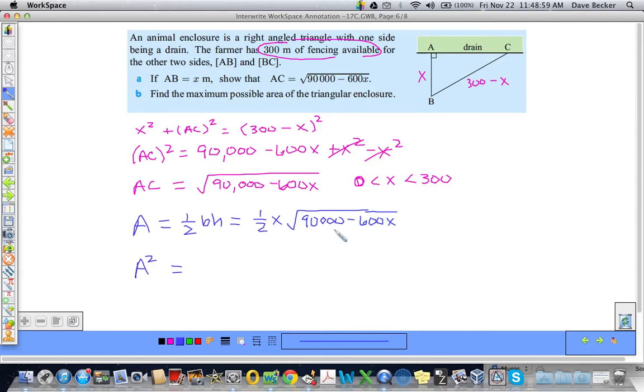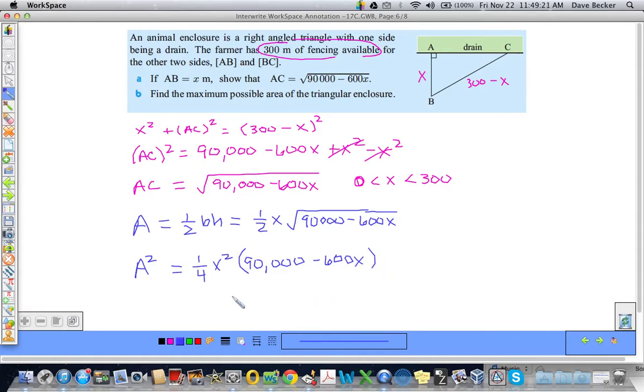This is multiplication, so I can square each individual term. 1/2 squared is 1/4. x squared is x squared. And the square root of anything squared is the anything. And now I have gotten rid of that nasty square root.